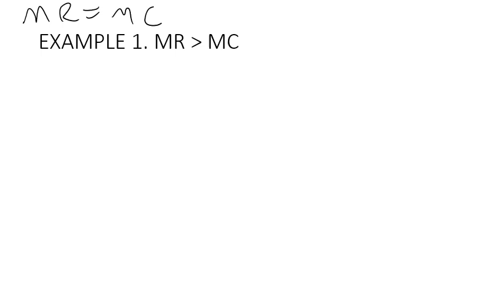And what it does is it helps companies to determine P and Q, to determine the right price to charge, the correct number of units to produce in order for the company to maximize profits, or in a loss situation, to minimize losses.